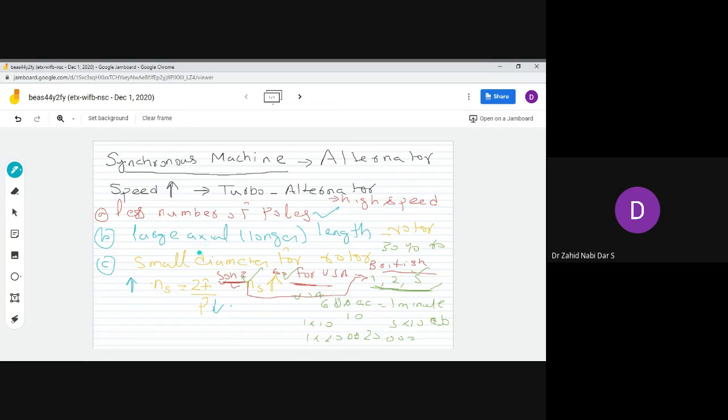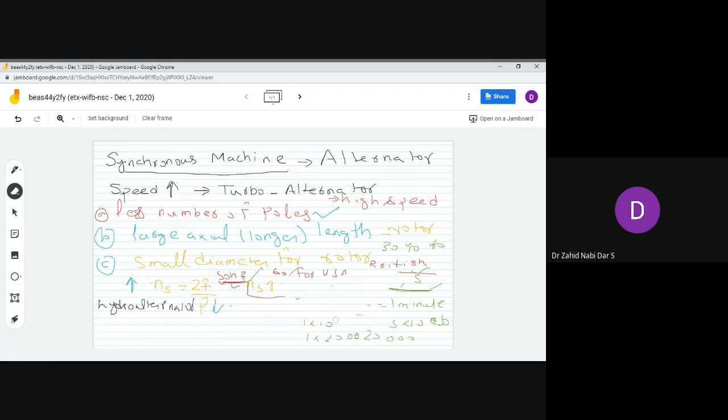Now, there is another type of construction known as the hydro alternator. The hydro alternator will have lesser speed.